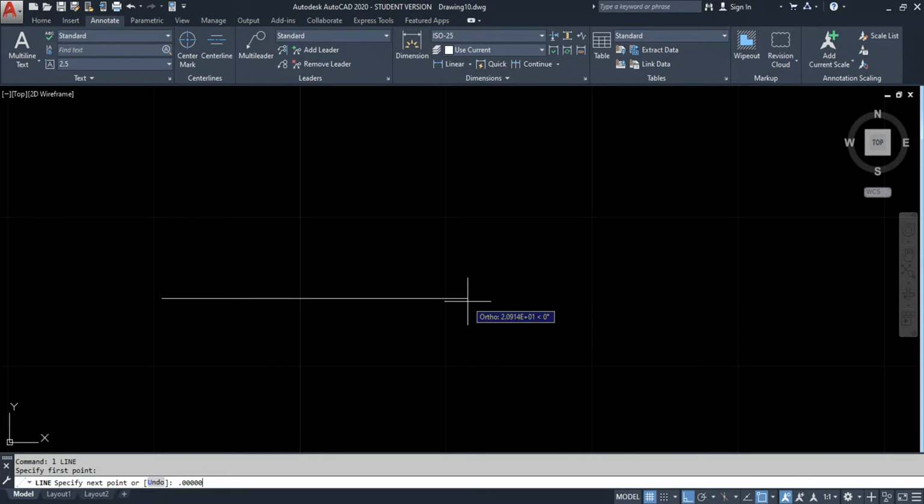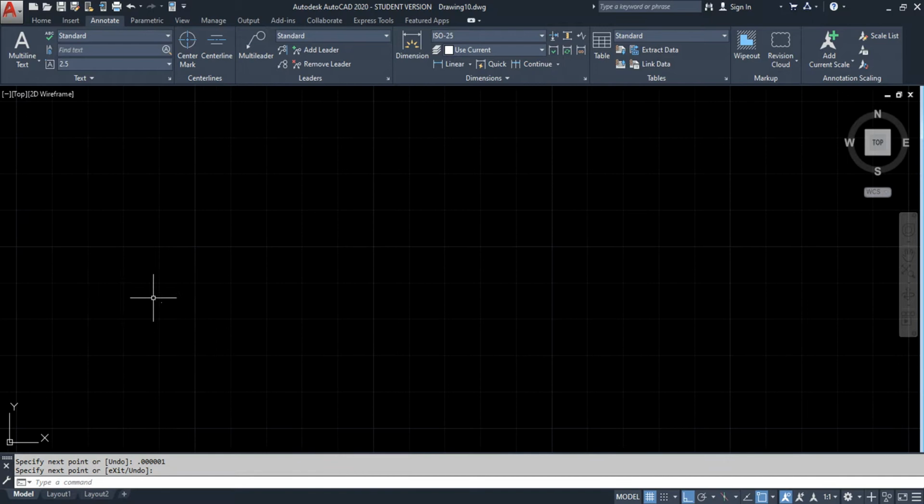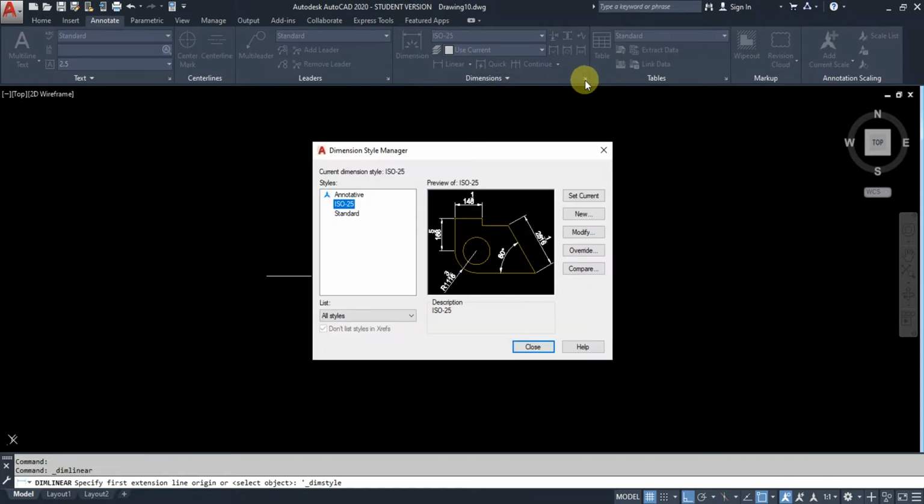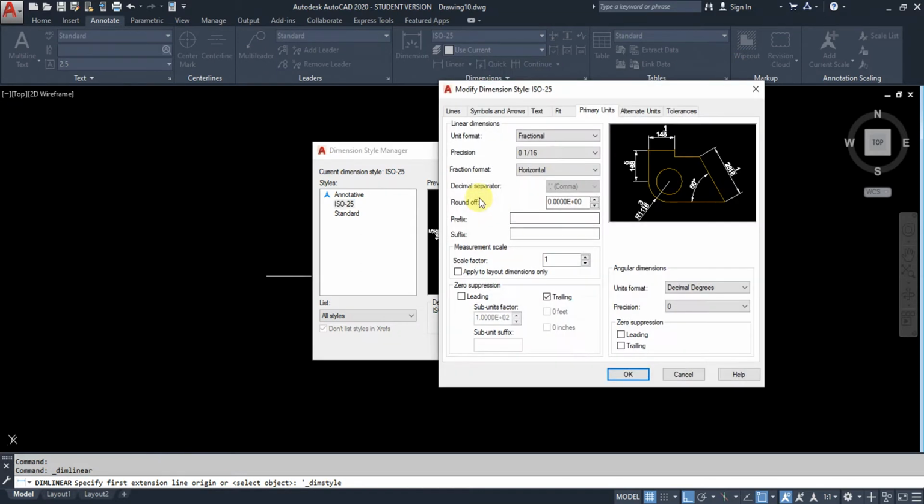In this case I'm going to create a 0.0001 mm. So I want the output in scientific only.